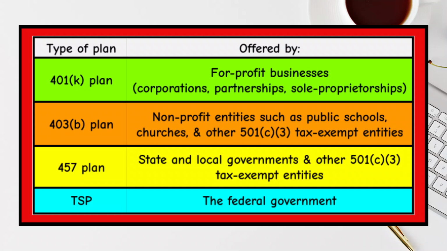Certain nonprofit entities such as churches, public schools, and other 501c3 tax-exempt entities can offer 403b plans to their employees. State and local governments and other 501c3 tax-exempt organizations can offer 457 plans to their employees. And finally, the U.S. federal government offers their own retirement investment plan called the Thrift Savings Plan, or TSP.